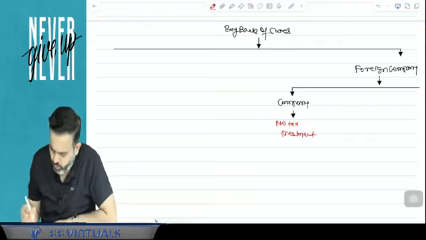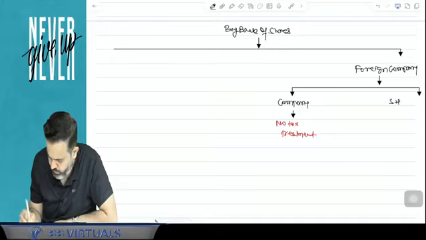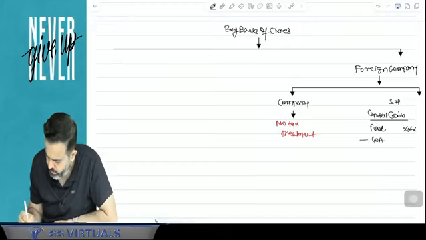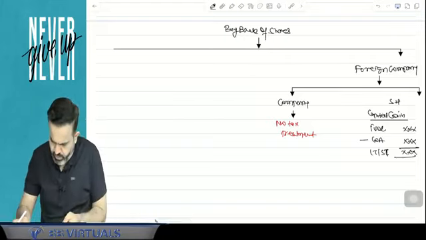But in the hands of the shareholder, obviously capital gain is applicable. And how will you calculate the capital gain? Whatever the full value of consideration minus cost of acquisition of share. Whether it is long term or short term depends on the period of holding. So that is in case of the foreign company.